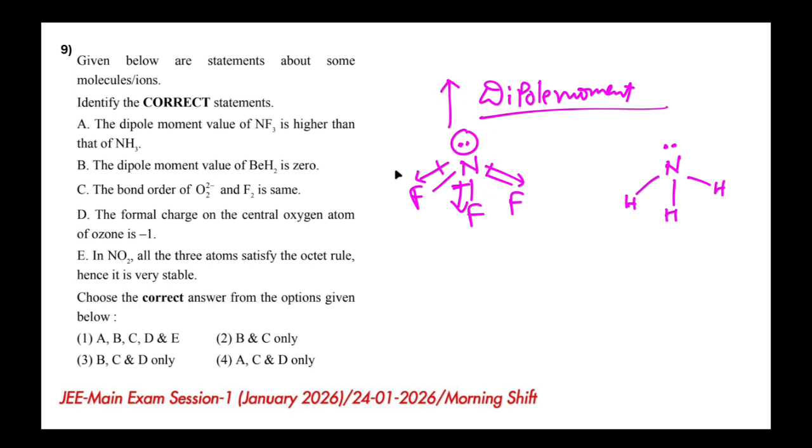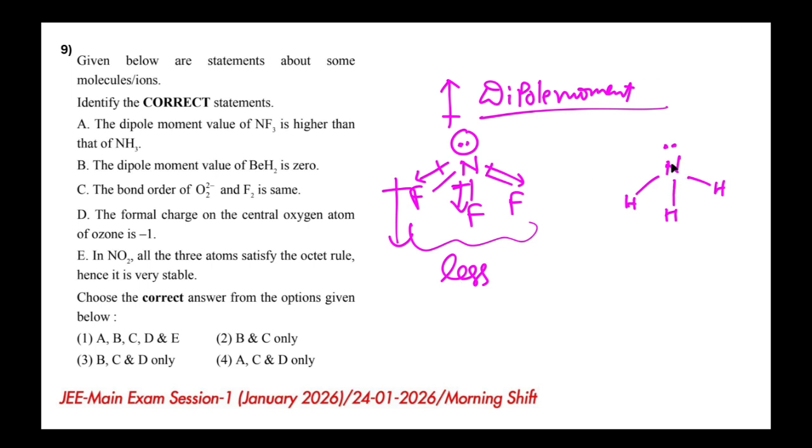So the resultant bond dipole is opposite to the lone pair dipole. That's why the net dipole moment of the NF3 molecule is less, because the lone pair moment and bond moment are in opposite directions. That's why the dipole moment decreases.